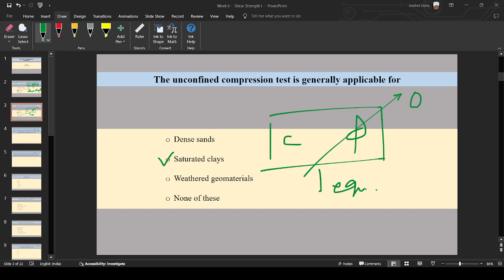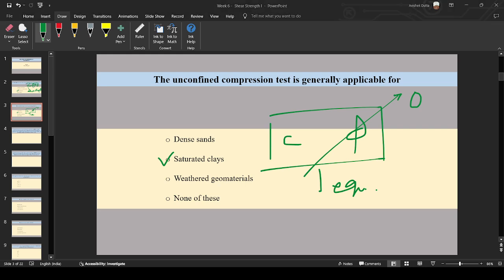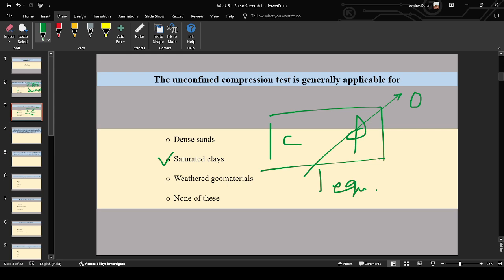So in the case of saturated clays, the friction angle can be considered as 0, and if the friction angle is assumed to be 0, then the cohesion can be easily found out. So this unconfined compression test is generally suitable for saturated clays, because for other types of geomaterials or soils, the friction angle will come into play, and then it will be very difficult or impossible to find out two unknowns C and phi from one equation. Okay. Next question.